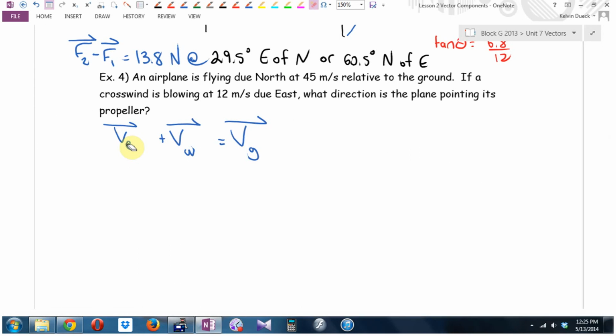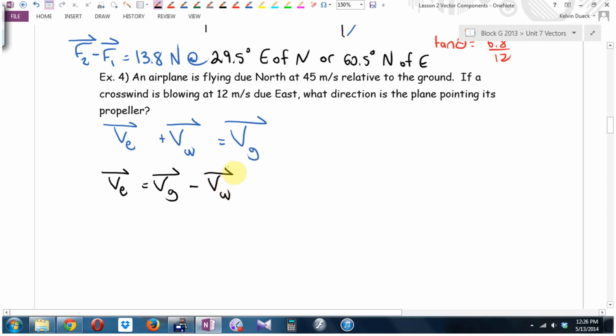So if I hear you correctly, the engine velocity is going to be the ground velocity take away the wind velocity. It's what you would do if it was normal variables, except I don't subtract vectors. What do I do instead?